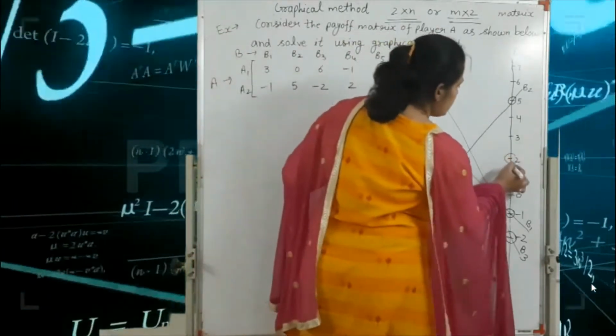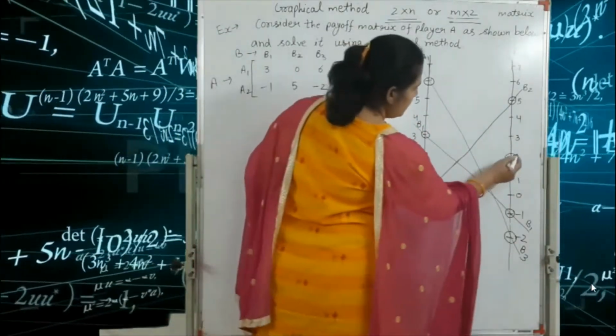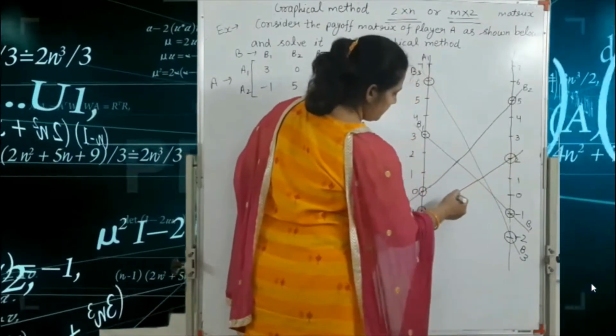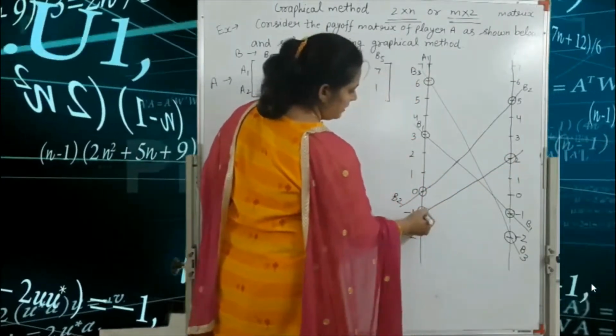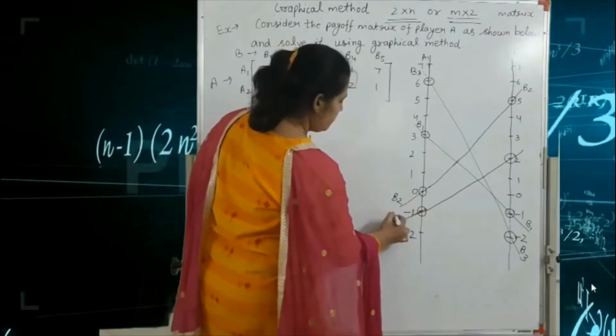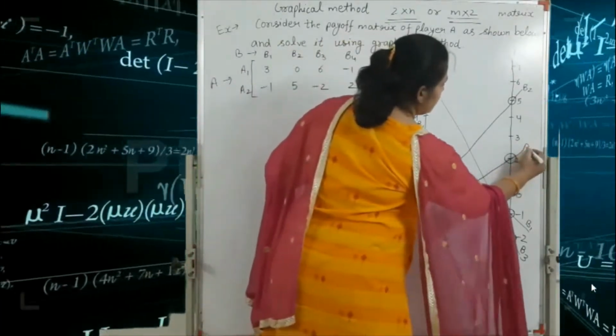This is the second value. We draw this line, and this is the B4 line, so we write B4 here.